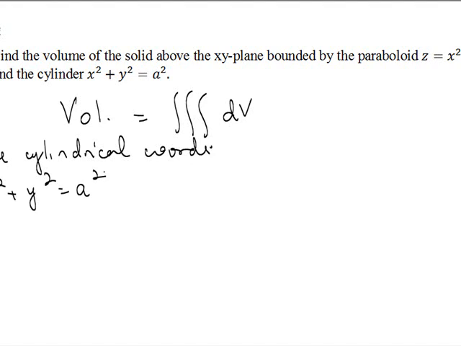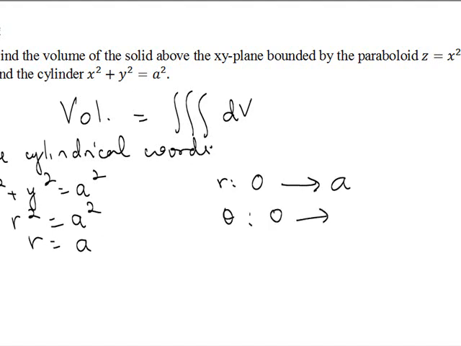Anybody can tell me? r squared is a squared, so therefore r is a. So based on that, your limits for r would be 0 to a, and your limits for theta would be 0 to 2 pi.